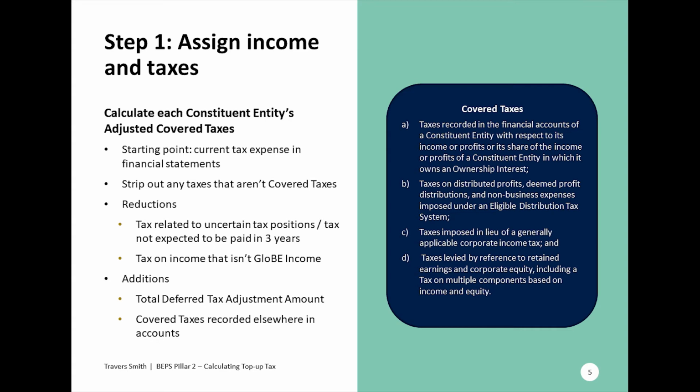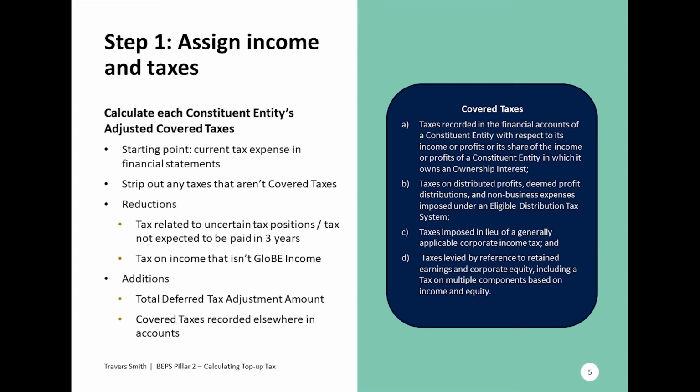You then need to make a series of reductions. So these will be things like tax relating to uncertain tax positions, and this is where the accounts reflect the probability that a different tax treatment to that which has been adopted will be applied. And you would also need to strip out tax which is in the accounts but not actually expected to be paid in 3 years.